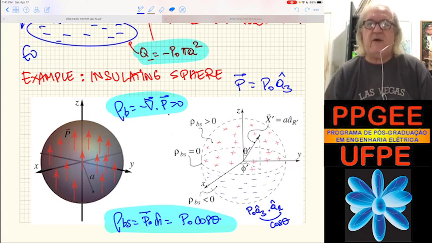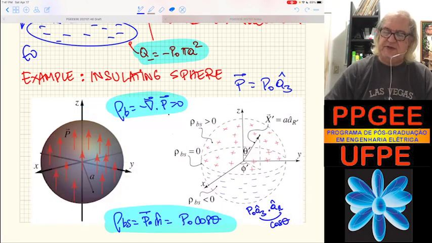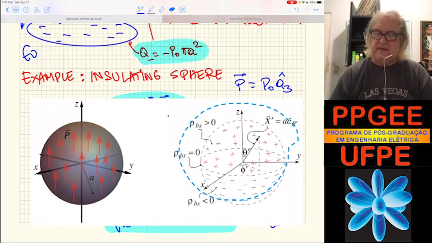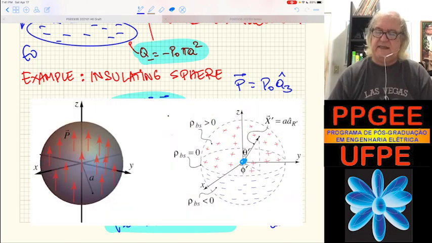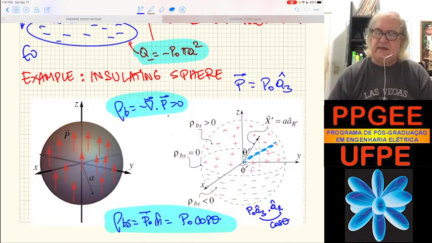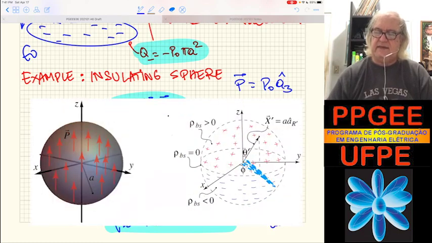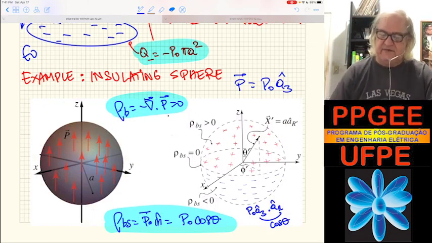So we can replace the sphere by this equivalent charge distribution in vacuum. At first we can calculate easily the field in the center of the sphere, for instance, okay? Because it's interesting, in the center of the sphere, the distance of any charged element to the center is always constant, right? The magnitude is a, the radius of the sphere.